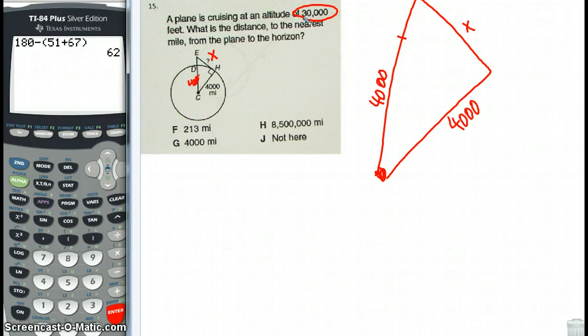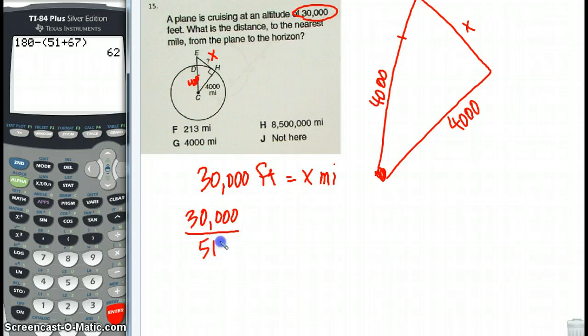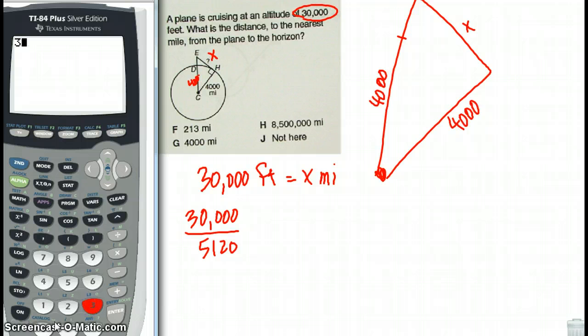So we need to convert 30,000 feet into miles. And we're going to add that on right there. So we divide 30,000 feet by 5120. 30,000 feet. And then my calculator stopped working.